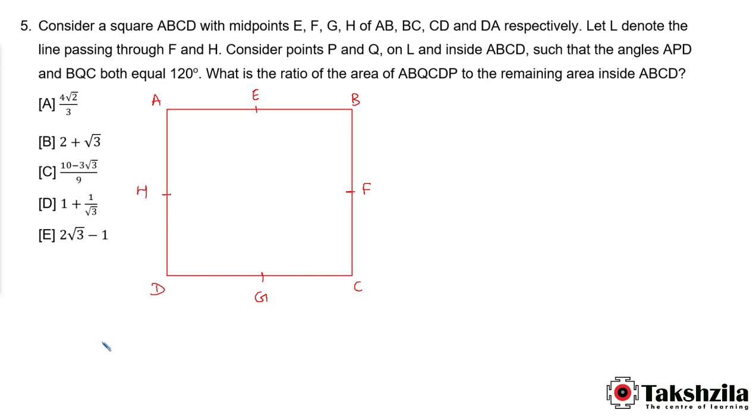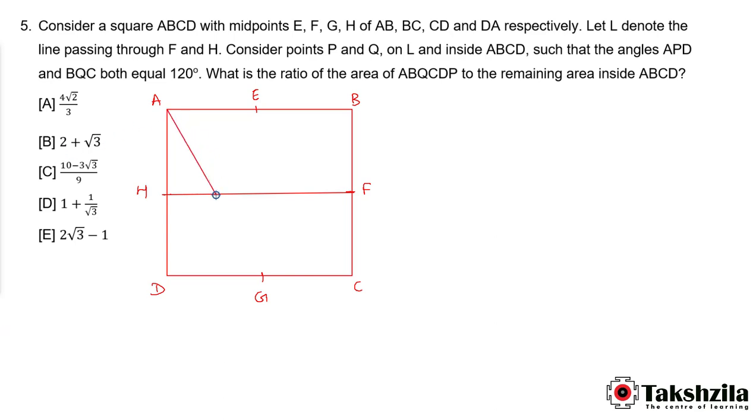Let L denote the line passing through FH. Let's join F and H like this. Consider 2 points P and Q inside ABCD such that the angle APD and BQC equal 120 degree. Angle APD is 120, P is a point which is inside this square.